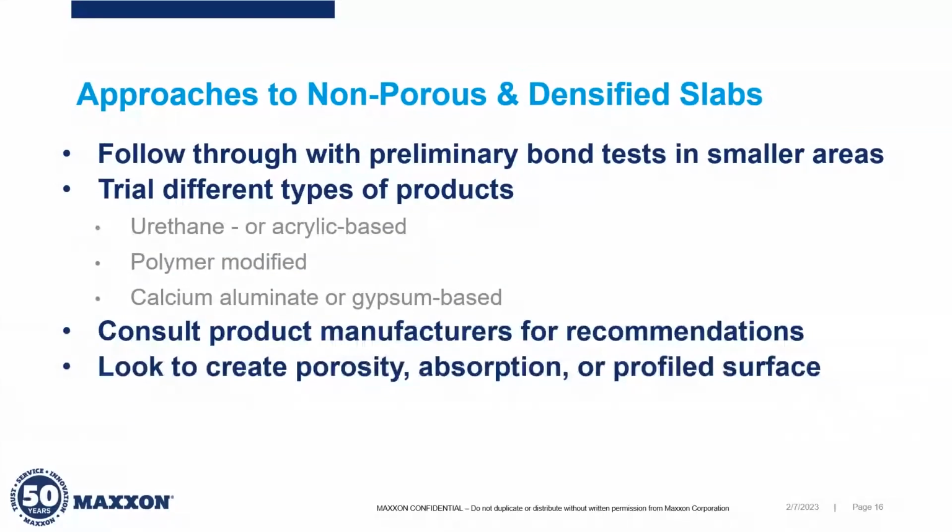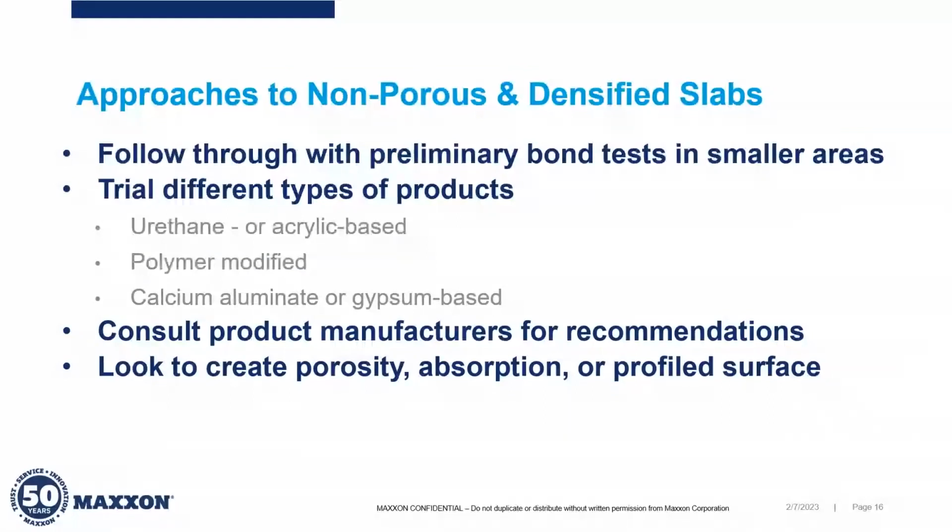And then if you're talking about patching compounds or self-leveling materials to smooth over that slab, you might want to try a calcium aluminate or even a gypsum-based, which tend to shrink less than a Portland-based product. And if it was Portland and it shrinks a lot, it's going to pull right off that smoother, sealed surface. But above all, when dealing with bond issues, you should consult the manufacturers for their recommendations. That could be the manufacturers of the floor covering, the adhesive, or even the floor prep materials.